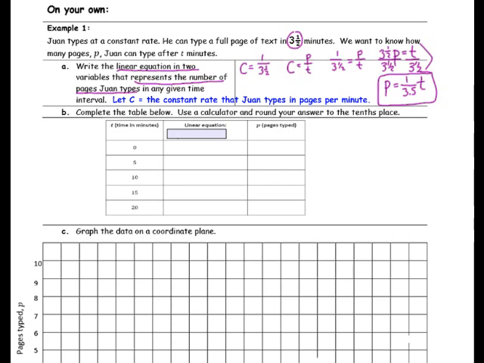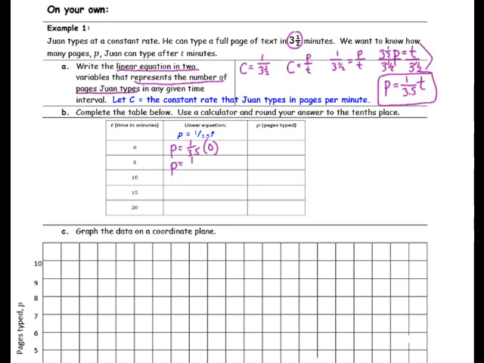Part B. Complete the table below. Use a calculator and round your answer to the tenths place. Our linear equation is pages typed equals 1 divided by 3.5 times t, where t is the time it takes to type the pages. So we're going to substitute the value of t in each equation. P is equal to 1 over 3.5 times 0.